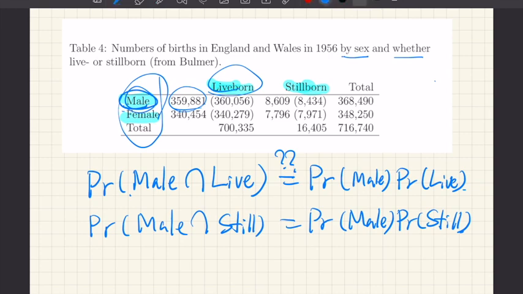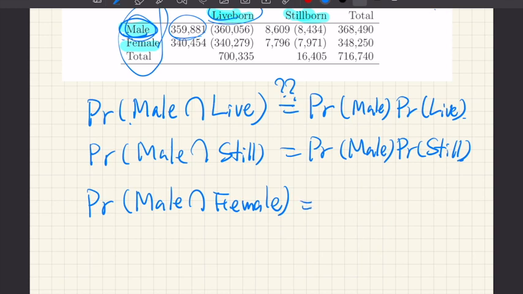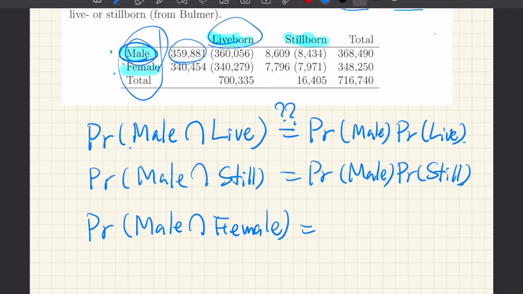But don't do this. By the way, I've seen this in students' answers in some tests. This is nonsense: male and female. Don't do this. This probability is always zero, of course, because they are mutually disjoint, right? So there's no way you can prove this holds. This is wrong.